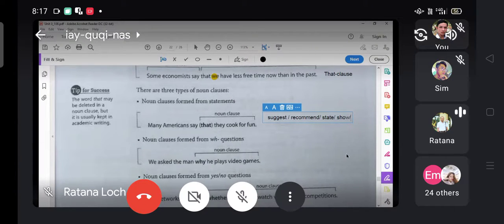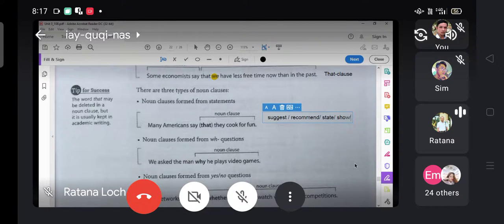For example, the results show that older people die from COVID-19 more than younger people, you can see that.